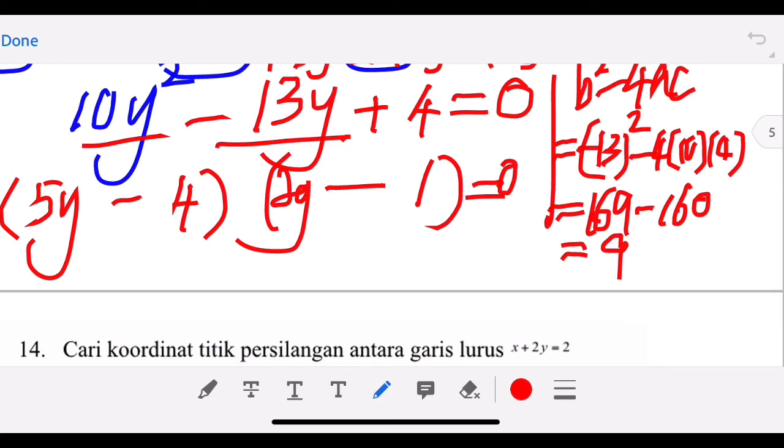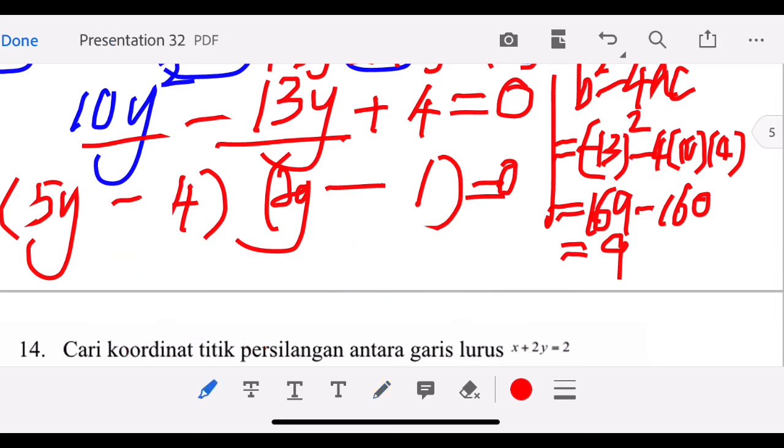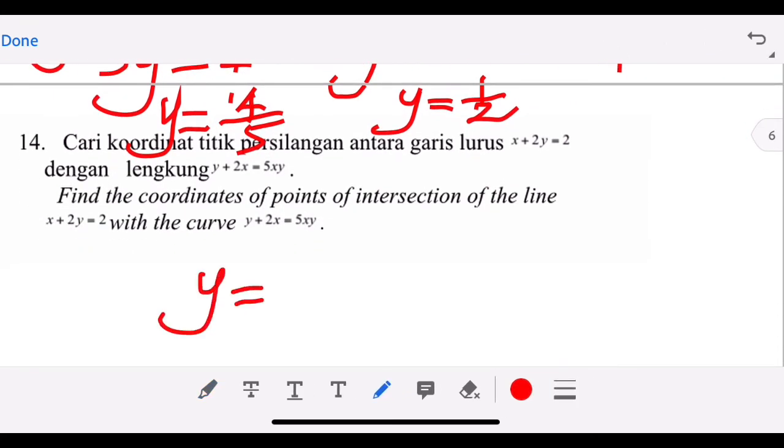So your 5y minus 4 is equal to 0, that means y is 4 over 5, and 2y minus 1 equal to 0, y is 1 over 2. So your y is 4 over 5, and the y is 1 over 2.